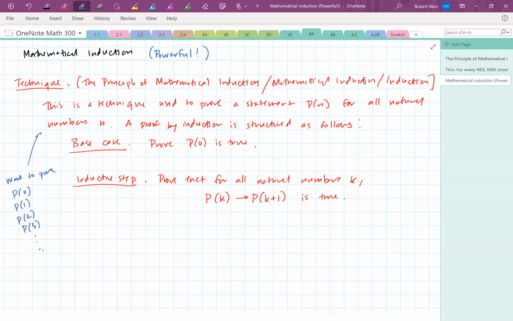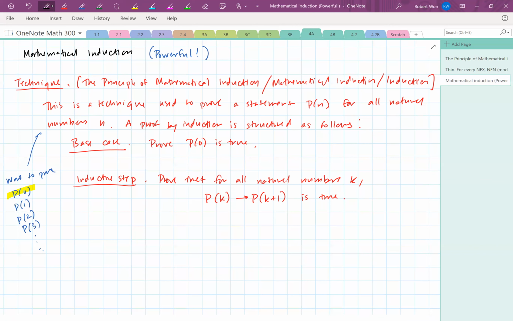First, you prove that P of 0 is true manually by hand. That's the base case. And then in the inductive step, you prove a conditional statement. You prove that if P of k is true, then P of k plus 1 is true.